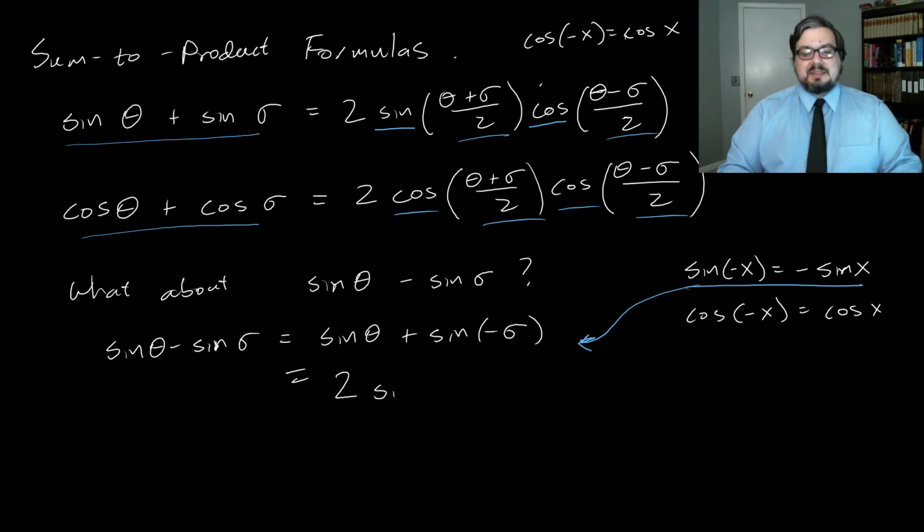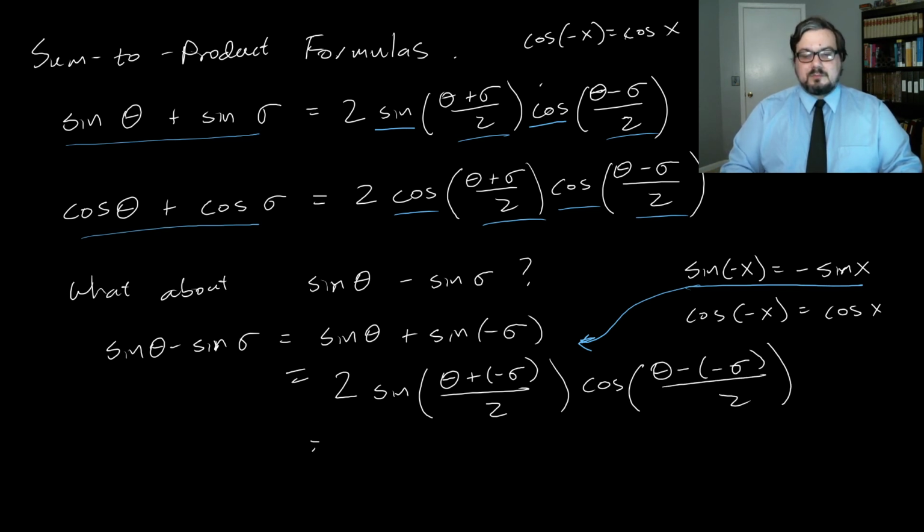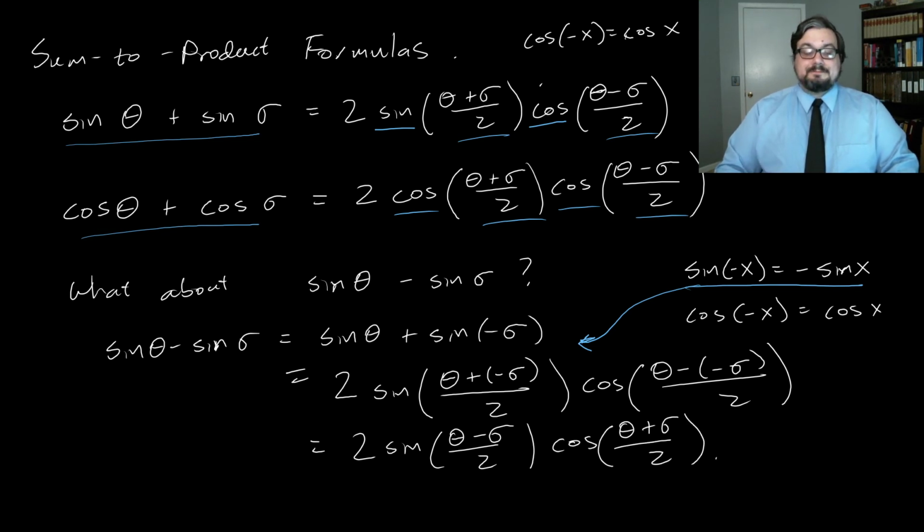So we can say that this is 2 times sine of theta plus negative sigma over 2 times cosine of theta minus negative sigma over 2, which gives us 2 times sine of theta minus sigma over 2 times cosine of theta plus sigma over 2.